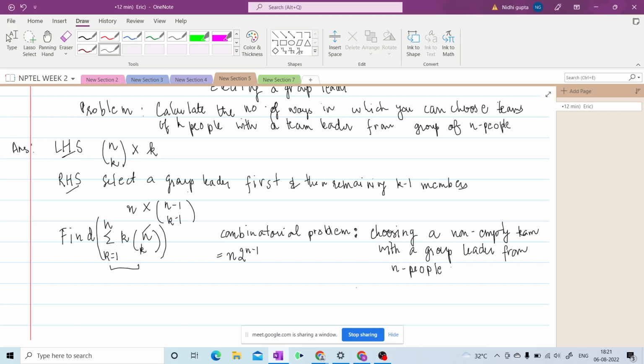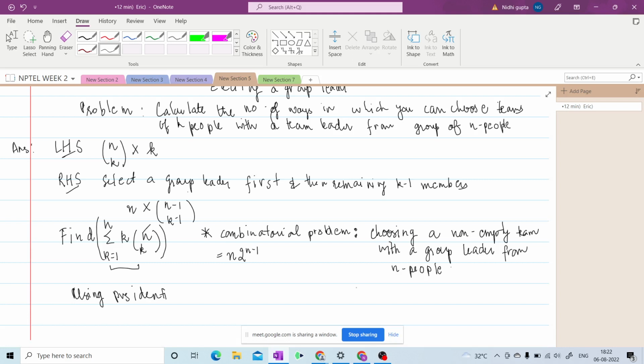Now we use the previous identity. So this is my star problem.